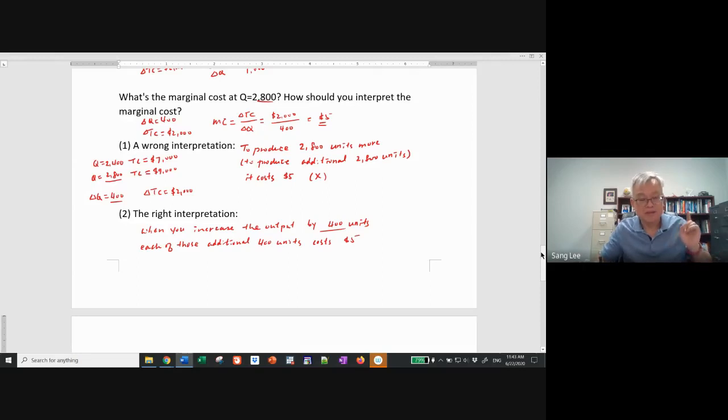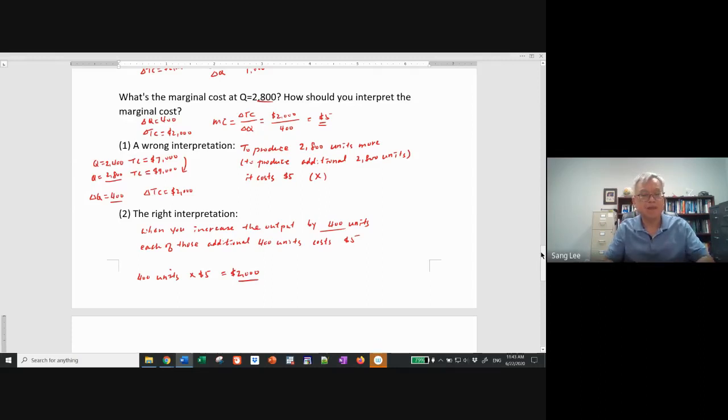So you increase the output by 400 units more, and each of these 400 units costs you an additional $5. So additional total cost is 400 times 5, which is $2,000. And that is exactly the difference in total cost, the change in total cost, okay?